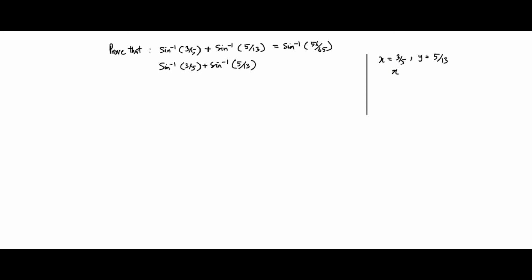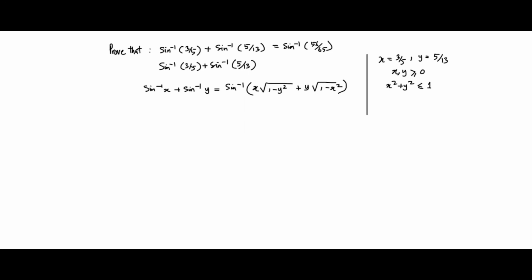If x and y are greater than or equal to 0, and x square plus y square is less than or equal to 1, then we use the first property, that is sine inverse of x plus sine inverse of y, which is equal to sine inverse of x times root of 1 minus y square plus y times square root of 1 minus x square. This is the property we use if it fulfills these two conditions.